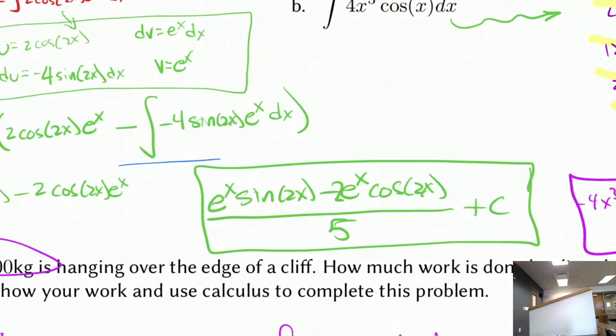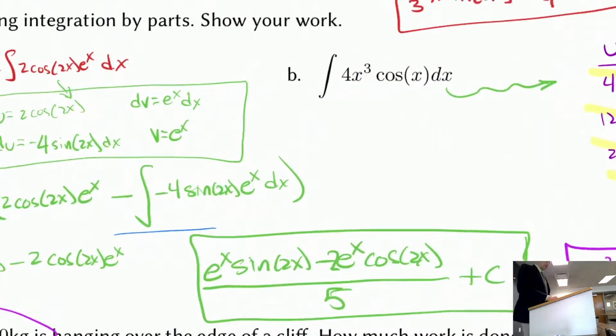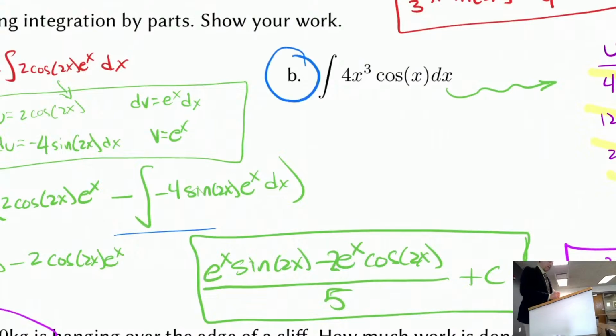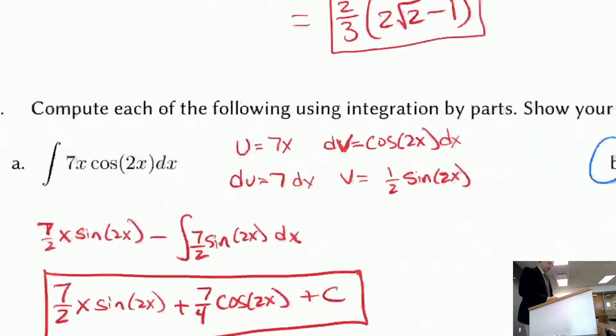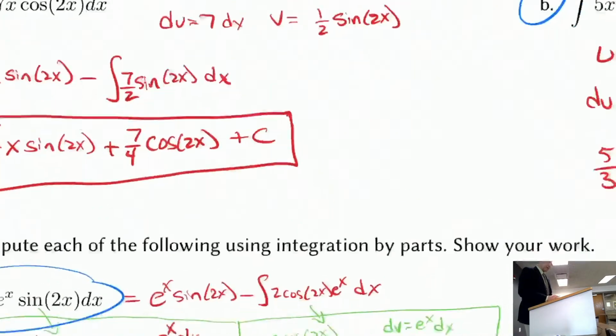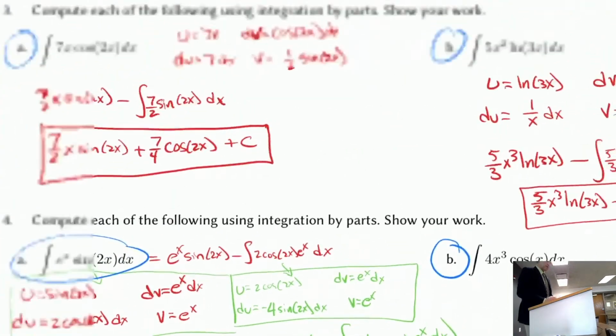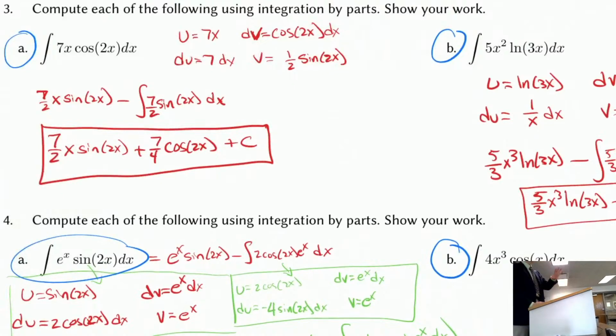What is probably more pertinent for you to make sure that you know how to do is something like letter B, or like this one. The two that I selected are like those three. That's not to say that you shouldn't care about that one, but when you're done studying for the other three, you can take a look at this one and say, oh, that's how it works.